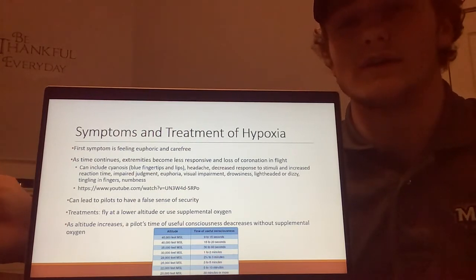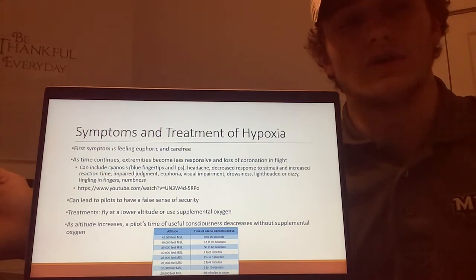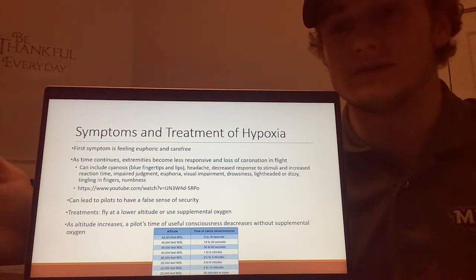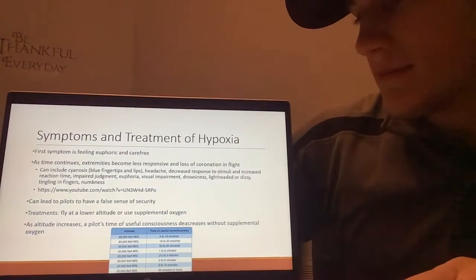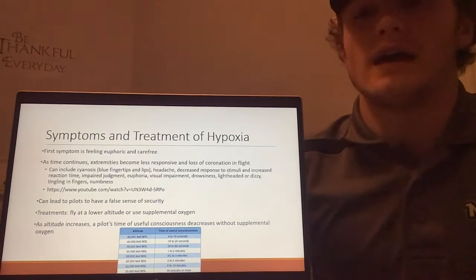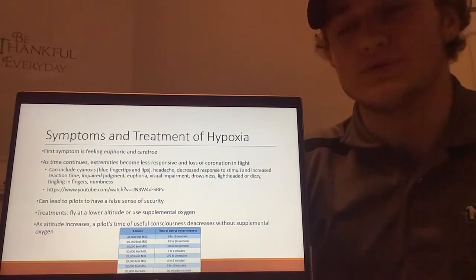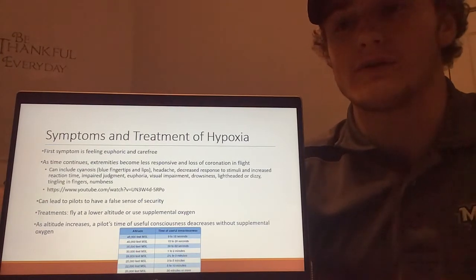They're not actually maintaining control of the aircraft, and as it continues, they can become less responsive and can lose coordination of the aircraft.